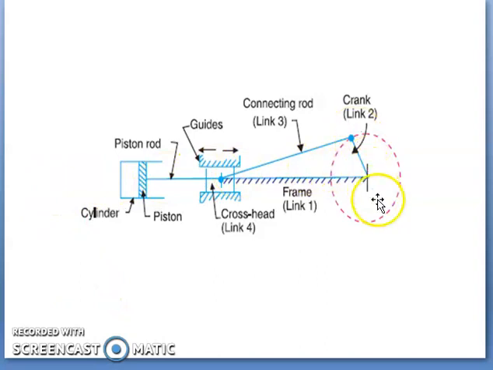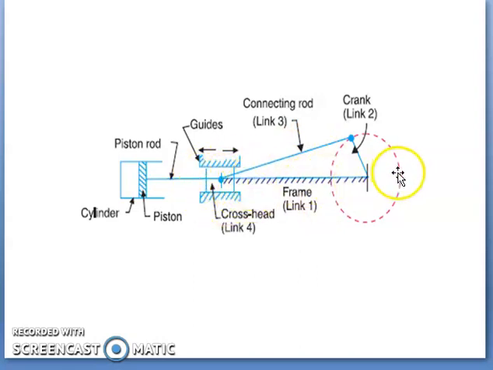So here you can see the single slider crank chain mechanism. You have the crank, which rotates. Already we have discussed that anything that is rotating is called a crank. So this pair will be a turning pair. The crank is connected to the connecting rod, and the other end of the connecting rod is connected to the piston.